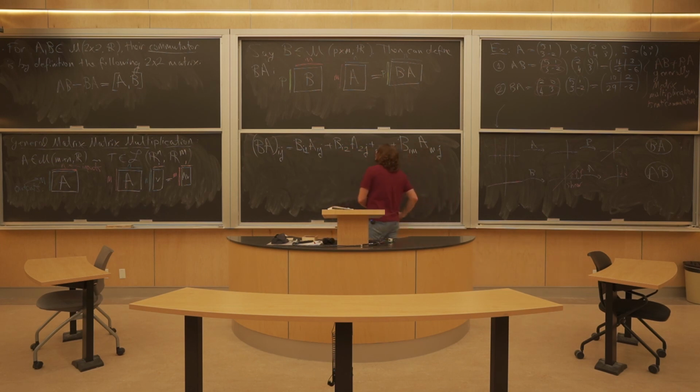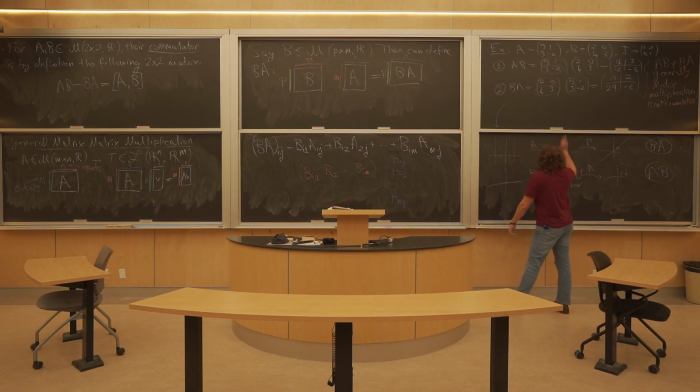So likewise, this is the ith row of B, and you're using it against the jth column of A. Okay?